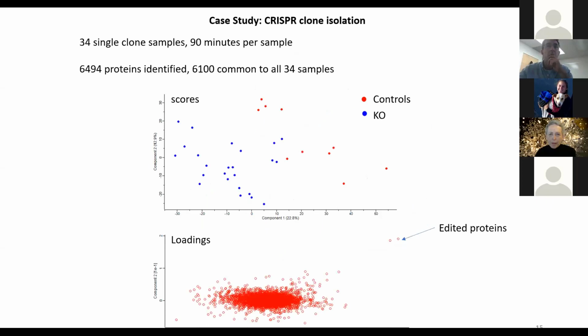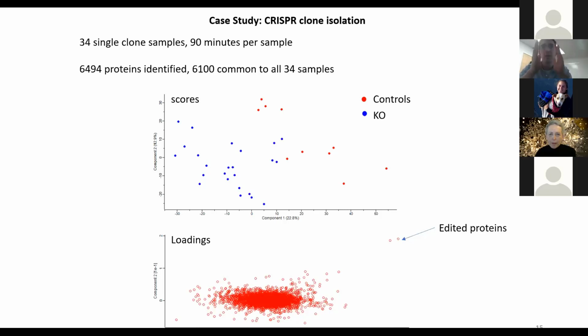But yeah, the single cell culture and then some sort of quantitative assay to help guide cell selection. So we had 34 samples with 90 minutes per sample. And across the 34 samples, there were 6,100 proteins that are common. This is label-free quant. Absolutely, in the context of the workflow I showed, there was nothing here that needed doing to the samples after digestion.